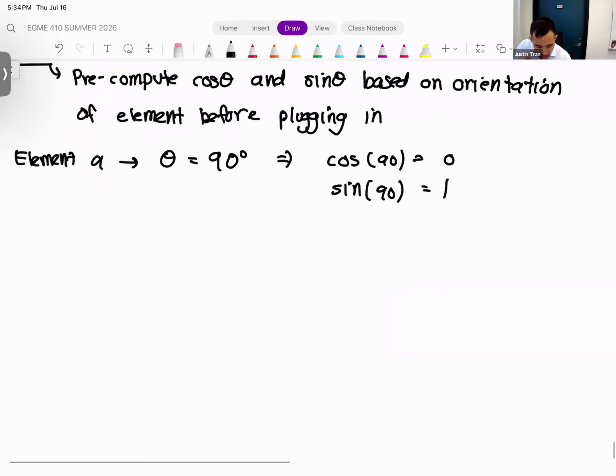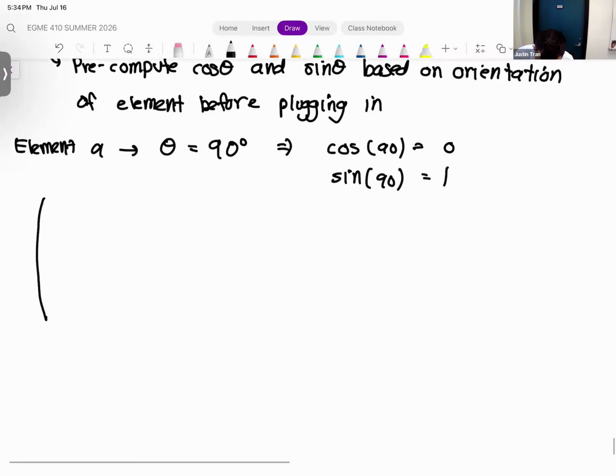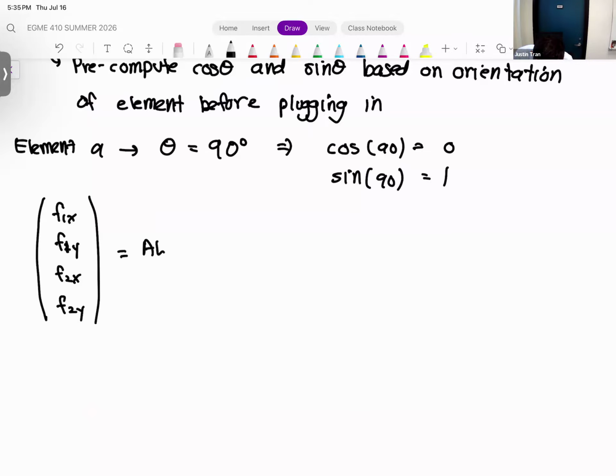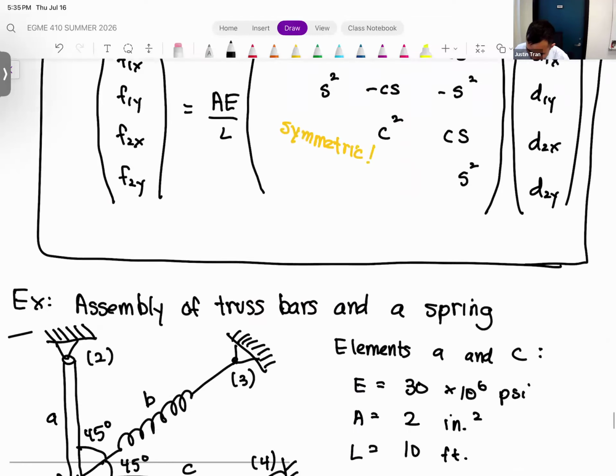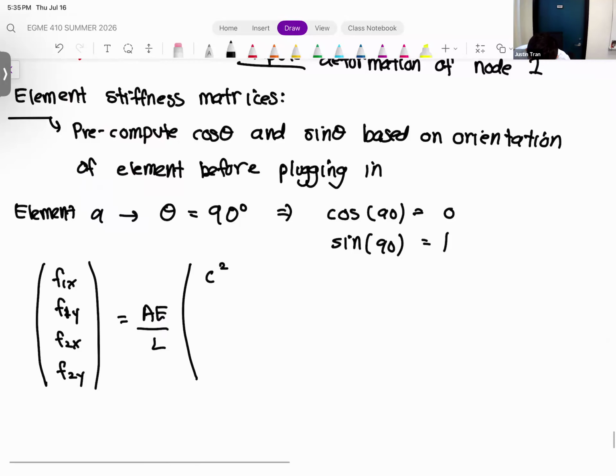Okay. So let me write down the expression for the element stiffness matrix one more time here. Okay, so element A is connected to nodes 1 and 2. So this is going to be F1x, F1y, F2x, F2y, is equal to A times E divided by L multiplied by, we have cosine squared, cosine times sine, minus cosine squared, minus cosine sine.